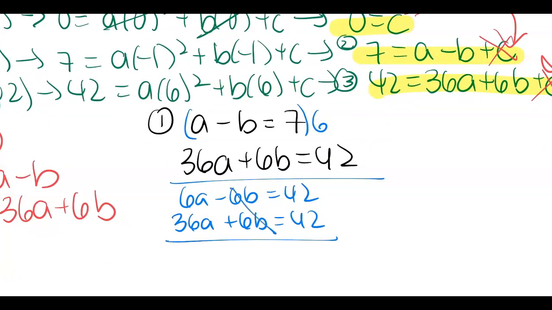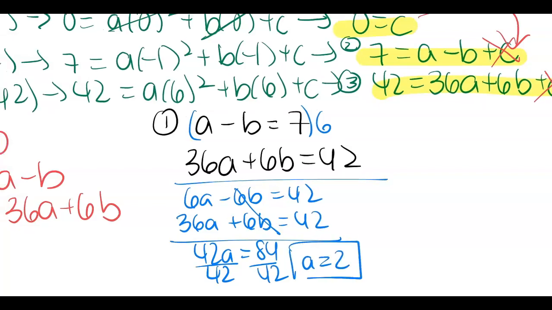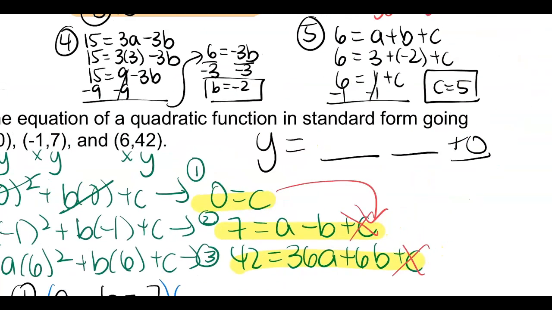So 36 plus 6 is 42 again, which equals 42 plus 42, which is 84. Your a value is 2. What we just found is the a value for your equation. So at the top of the page, we're going to put in the a value, which is 2x squared. Don't forget, the x squared needs to be in its standard form. So I just need to substitute that a value, which is here.